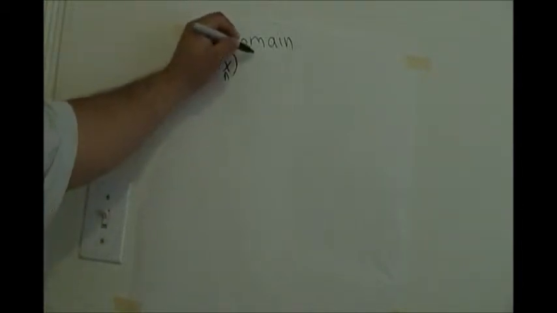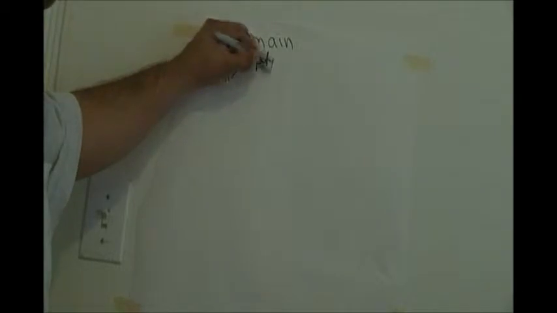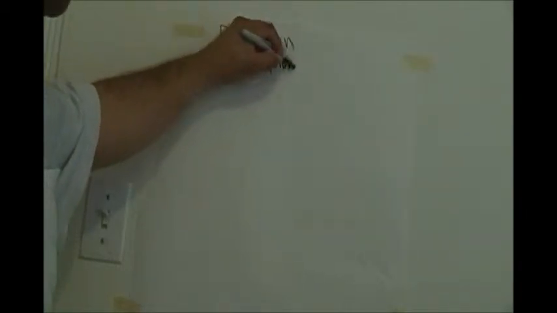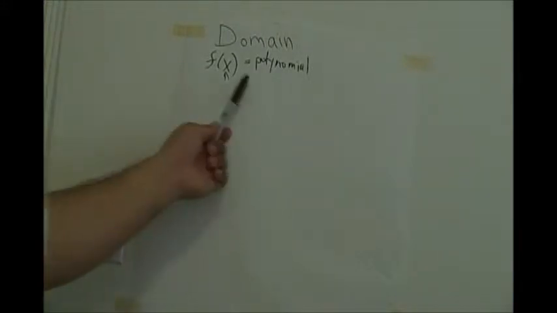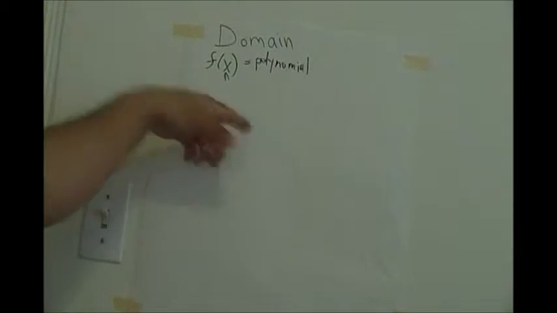Let's start with ones that you can plug in every number. So the first one we have is if f of x equals a polynomial, or even a monomial or binomial, any of those.